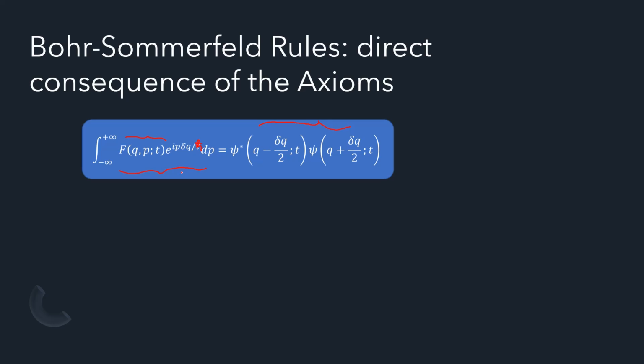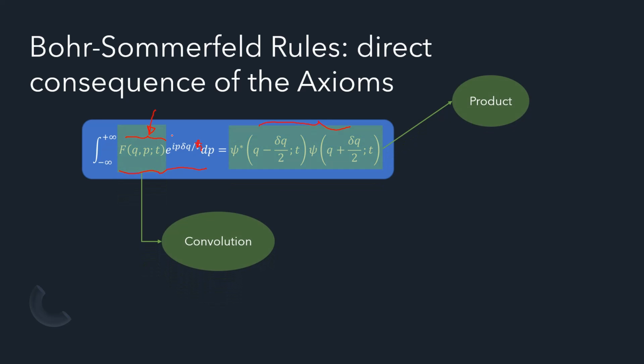And we know that if we have a Fourier transform that takes us into a product of functions, we must rewrite this function as a convolution.